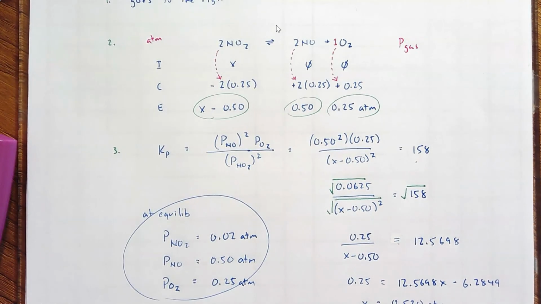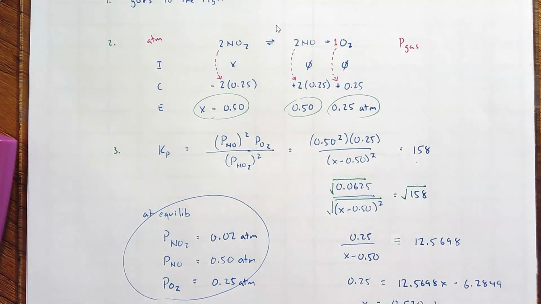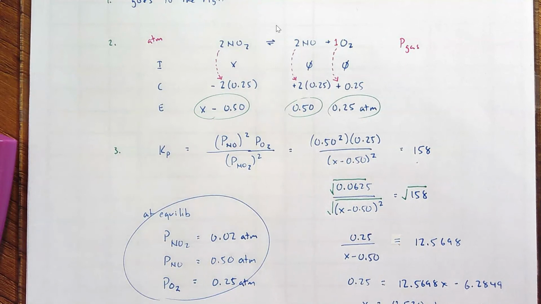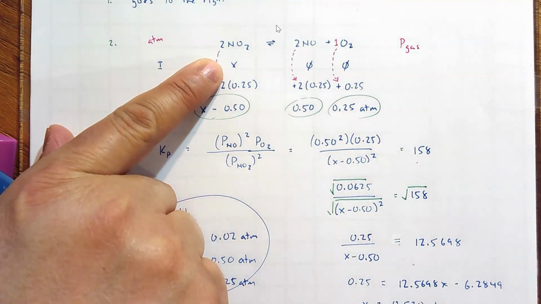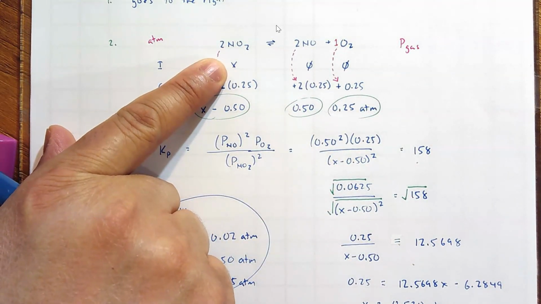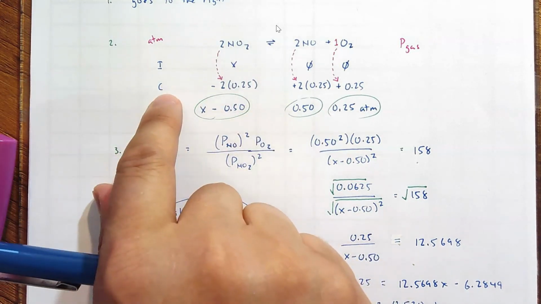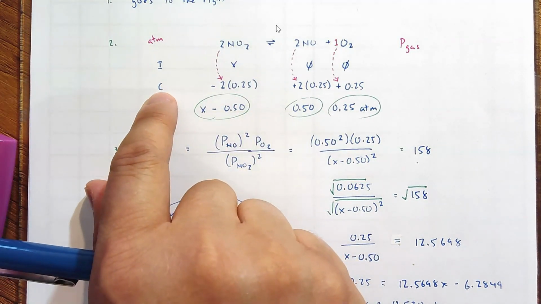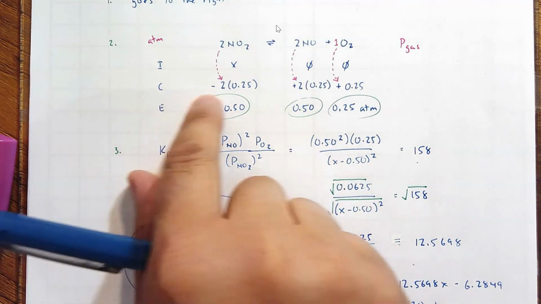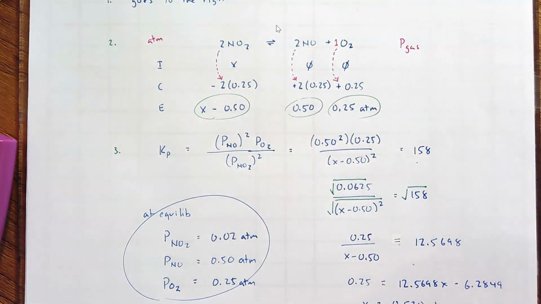Good. That was one where we used partial pressure, and one where the x was actually in the initial line, and we were able to get a number for every term in the change row. We hadn't seen that before.